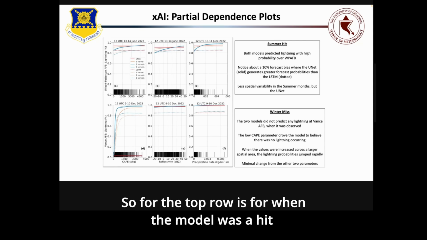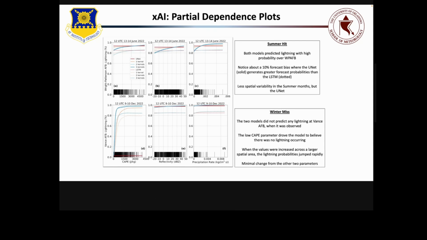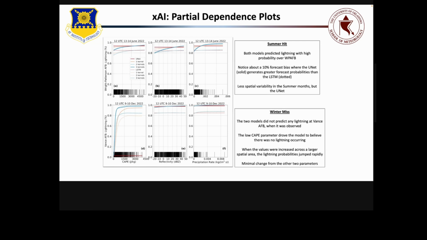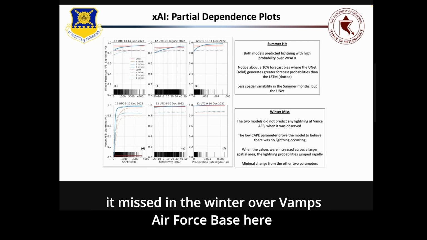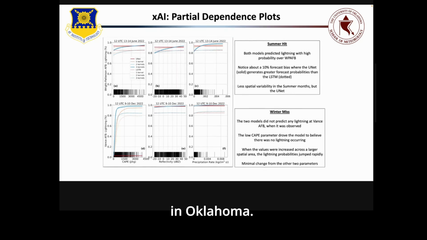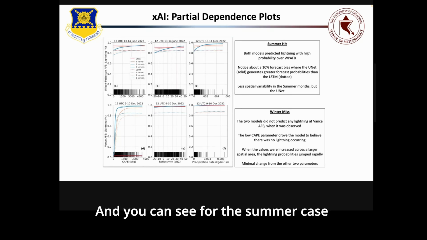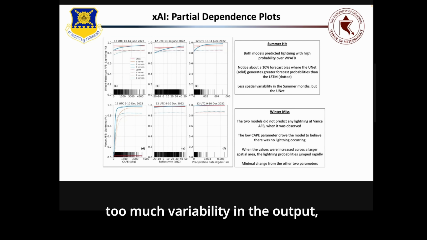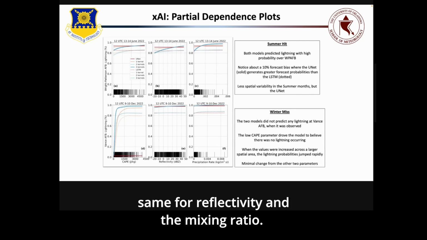So the top row is for when the model was a hit and predicted very high probabilities over Wright-Patterson Air Force Base. And then the bottom row is for when it missed in the winter over Vance Air Force Base here in Oklahoma. And you can see for the summer case that varying the CAPE parameters didn't generate too much variability in the output, same for reflectivity and the mixing ratio.